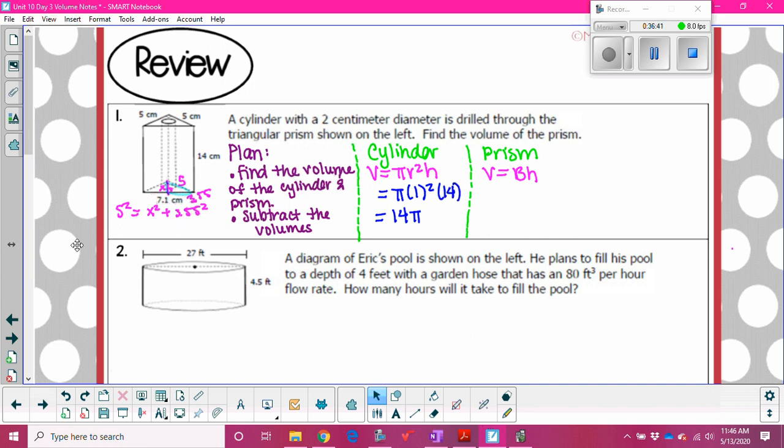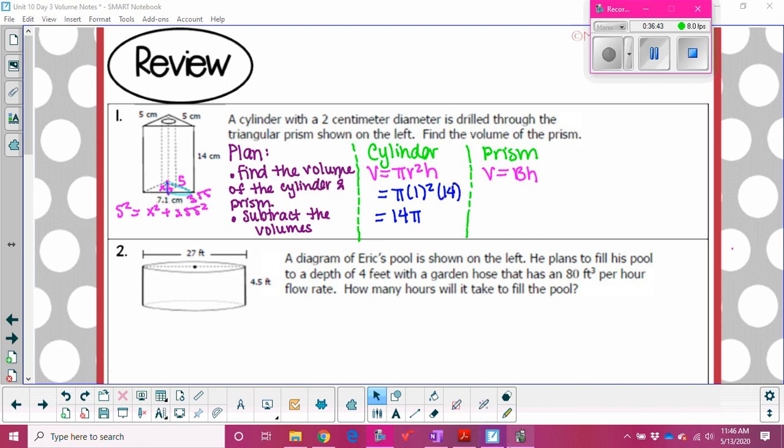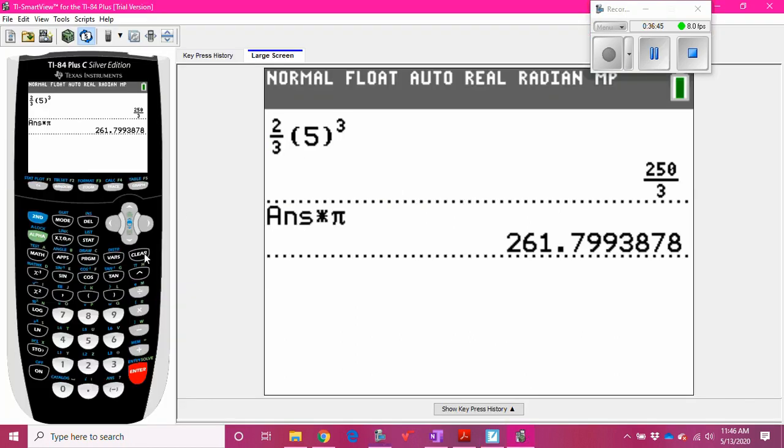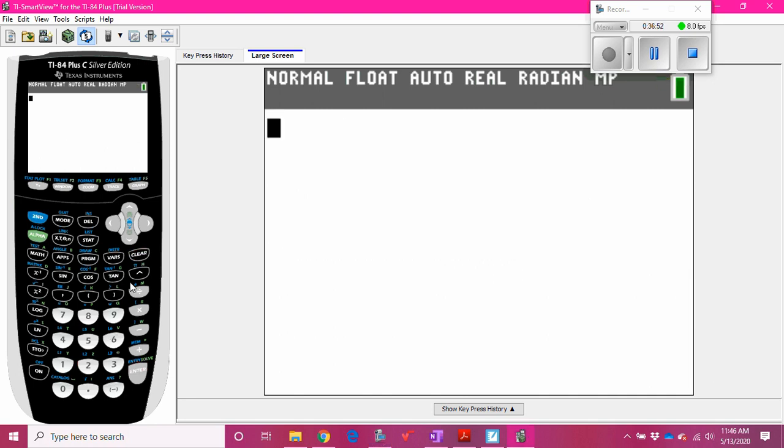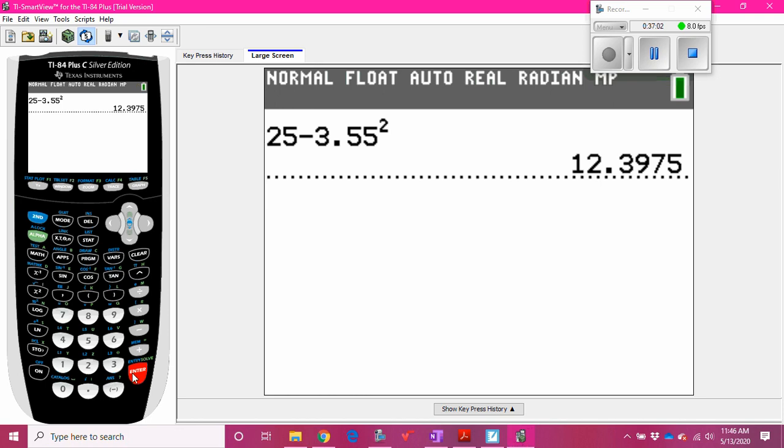Okay, so let's do that on the calculator. I'm going to say 5 squared, which I know is 25. Oops, I didn't clear this. All right, so 25 minus 3.55 squared gives you this. I want to take the square root of that because I want to find x.